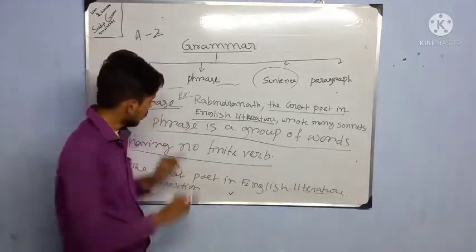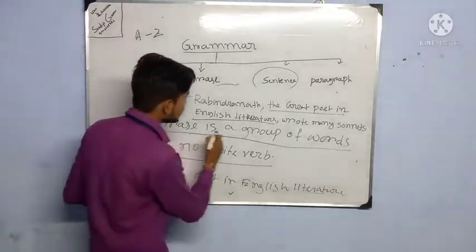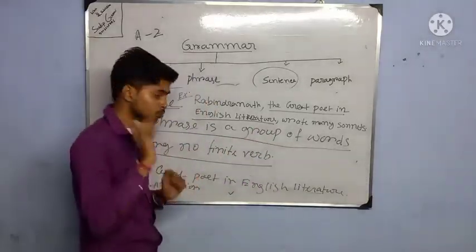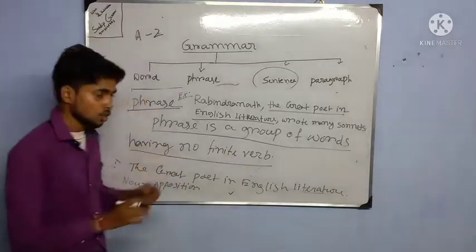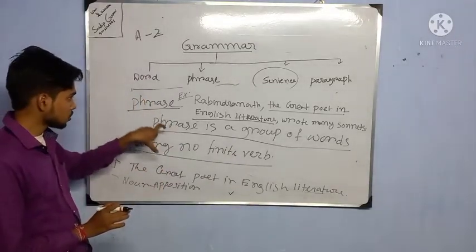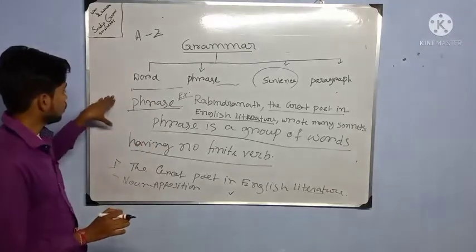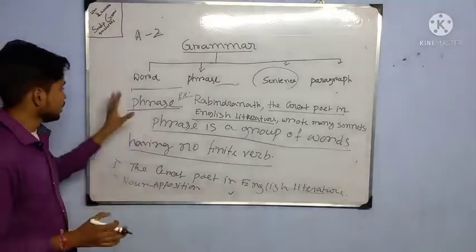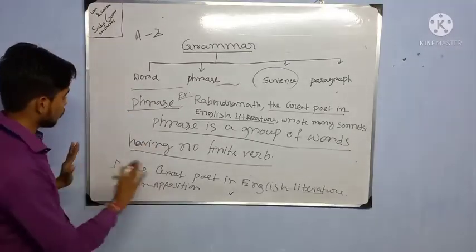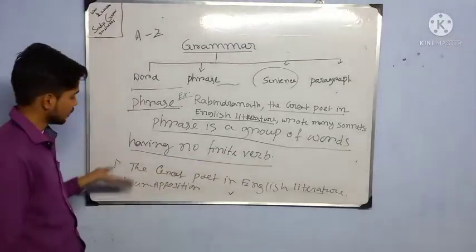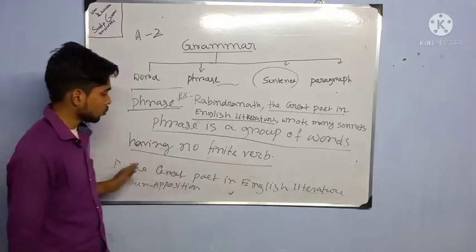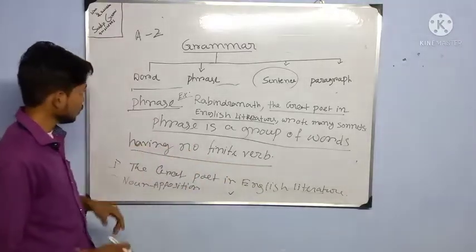The first condition is a group of words, and the second condition is having no finite verb. These are the two conditions which we find in phrase. The great poet in English literature has no finite verb, and there are many words. That's why we can say this is an example of a phrase.